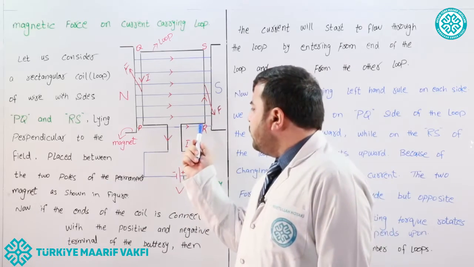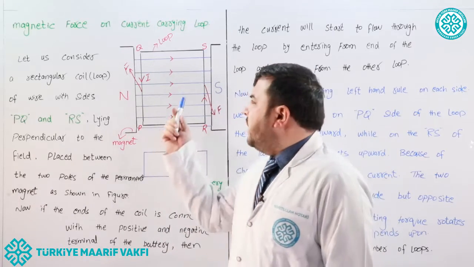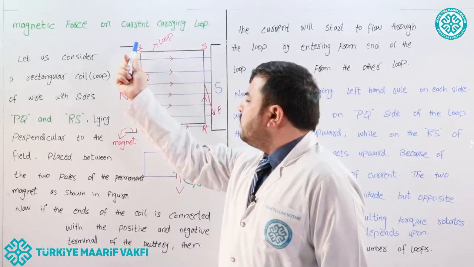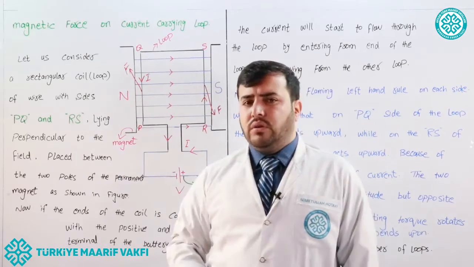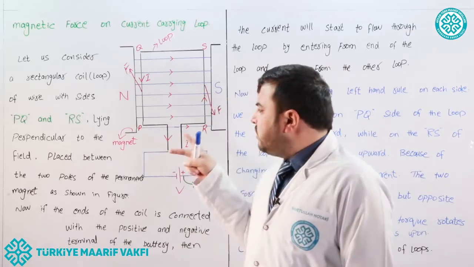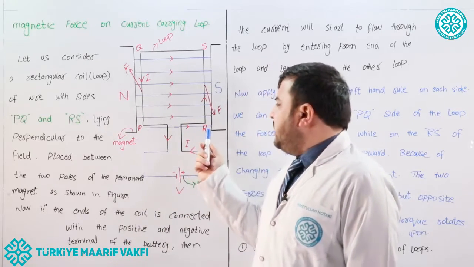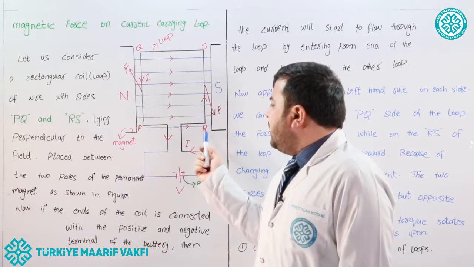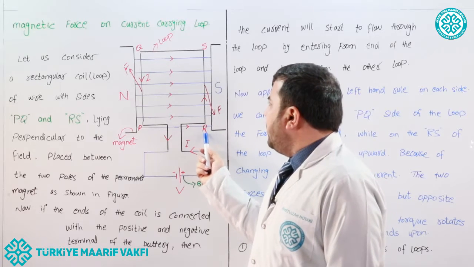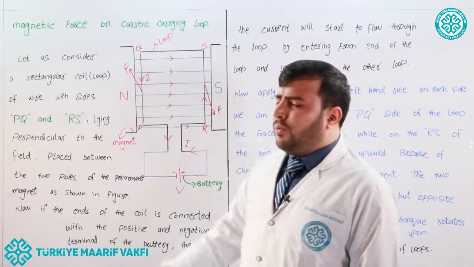Now we will discuss both of these cases. When the current flows through the RS side of the loop, what will happen, and when the current flows through the PQ side of the loop, what will happen. So first of all we are going to discuss the RS side of the loop. Here you can see that when the current flows from R to S, the direction of the current is upward.